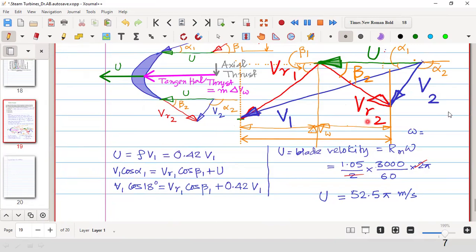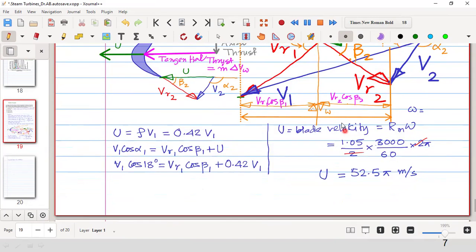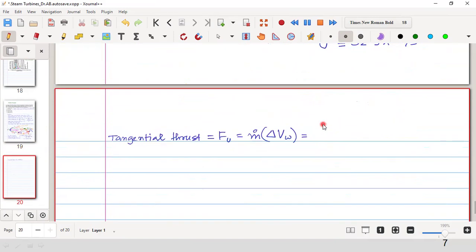So this is equal to VR2 cos beta 2, and this is VR1 cos beta 1. As this red line is VR1 and this angle is beta 1, so this component is VR1 cos beta 1 and this component is VR2 cos beta 2. So total is equal to VR1 cos beta 1 plus VR2 cos beta 2.